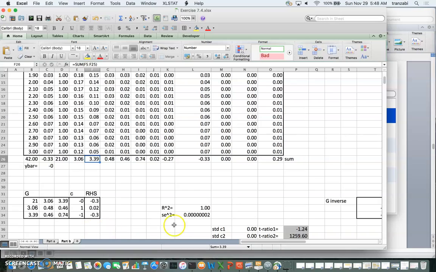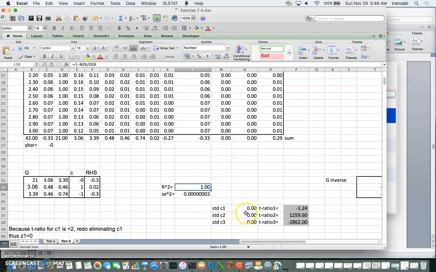On the right-hand side, the coefficients you get should come out something like this. You can go ahead and calculate the R squared as before, SE squared, and this is the correlation coefficient. And then you can calculate the T ratios and see that one of them is less than 2, the other two are bigger than 2, so we have to drop C1.